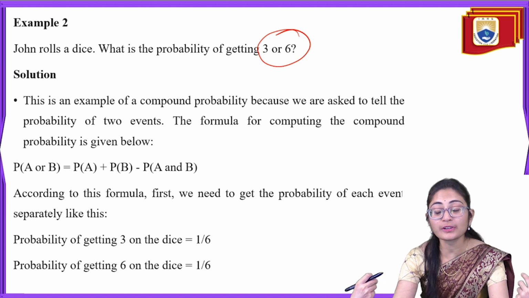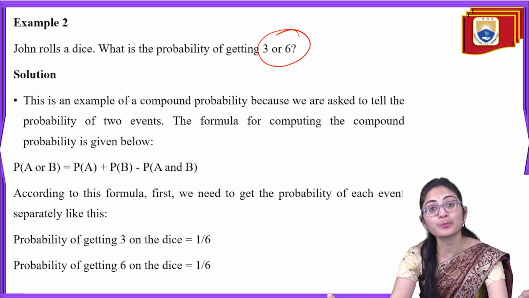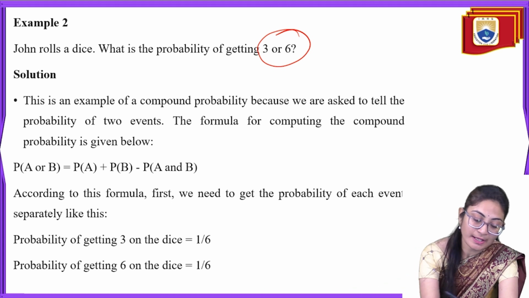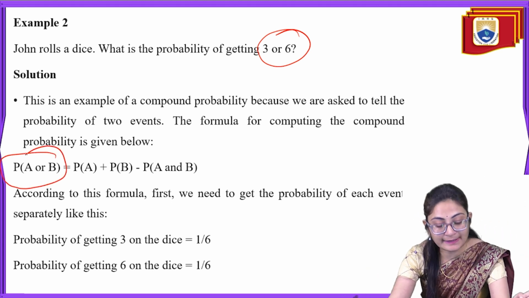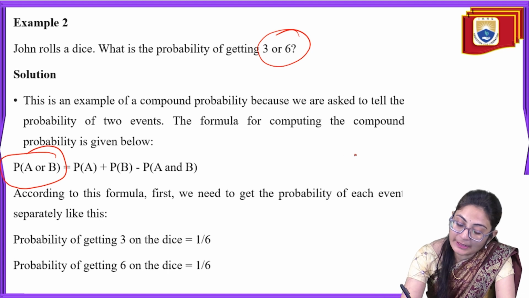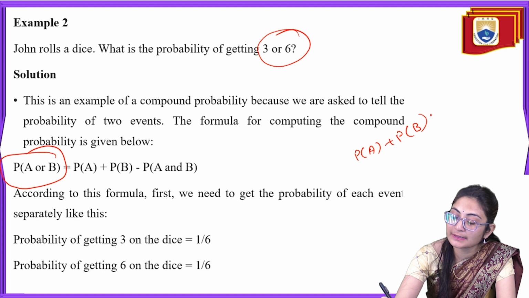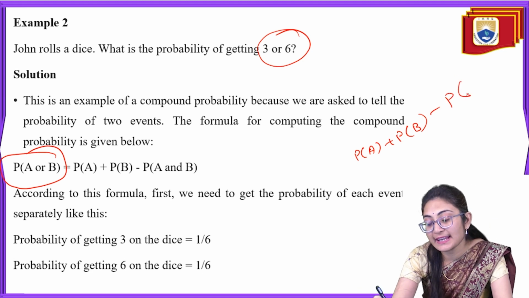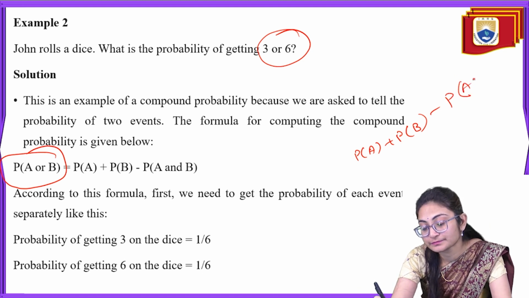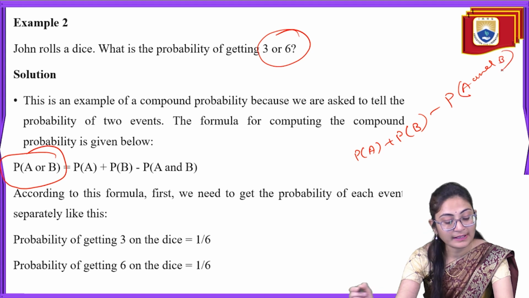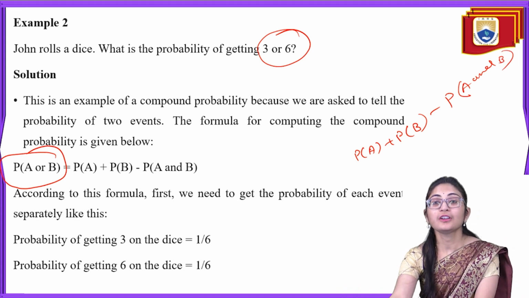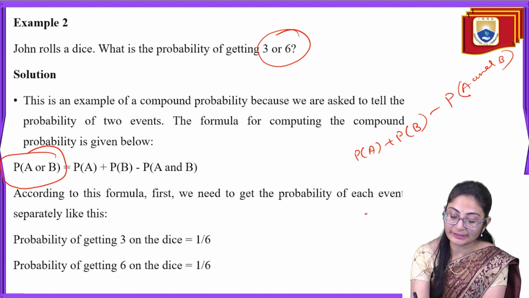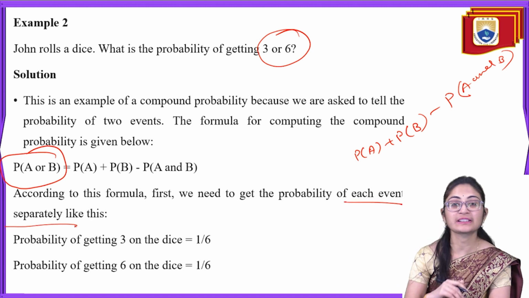The formula for computing the compound probability is: P of A or B is equal to probability of A plus probability of B minus probability of A and B.